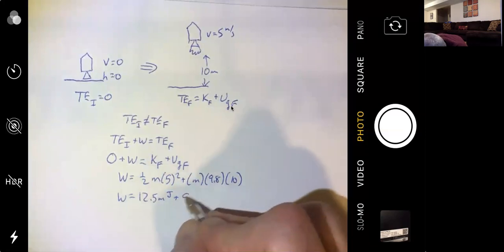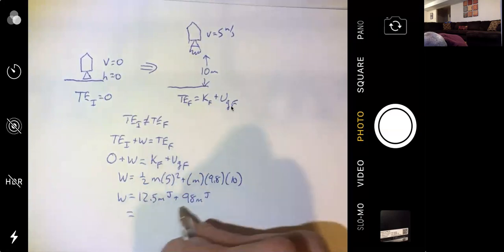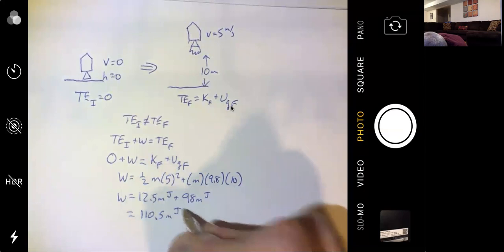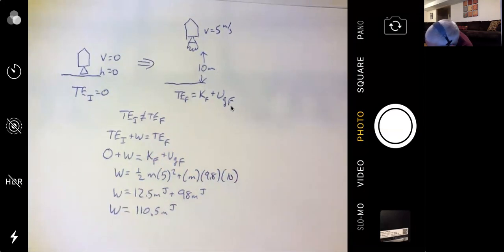This is going to be 98 m joules. And so 98, 108, I'm going to guess that that's 110.5 m joules. So the amount of energy that the engines put into the rocket would be 110.5 m joules. So listen, that gives you a quick run-through of how to do work.